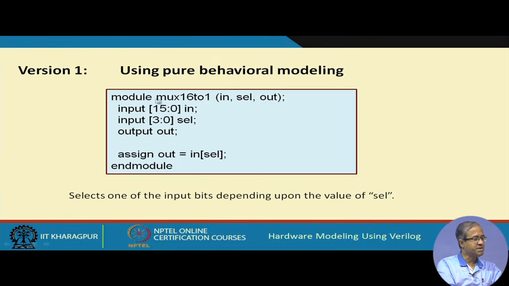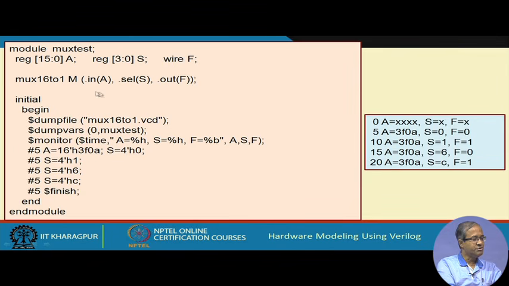The parameter names are in, sel and out. So, we are using this notation to specify the parameters, dot in, dot sel, dot out, and in this module the corresponding variables are A, S and F. And in order to express the data types, we specify A and S as reg, because they will be appearing on the left hand side, they have to be of type reg, and F is of type wire.